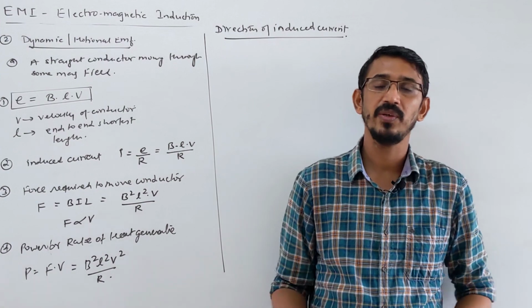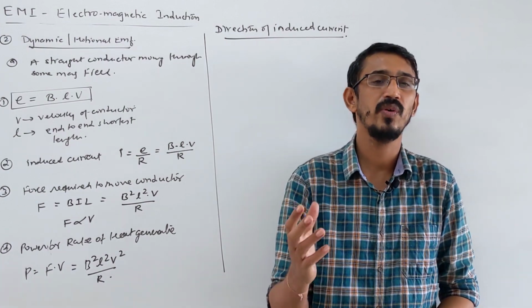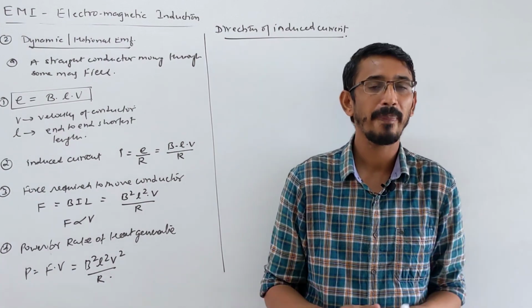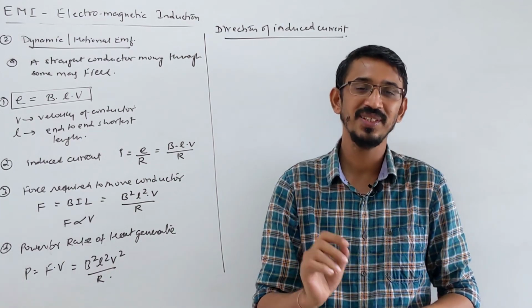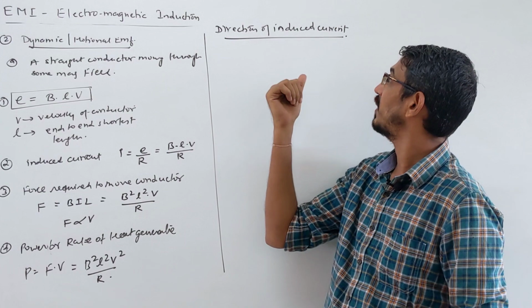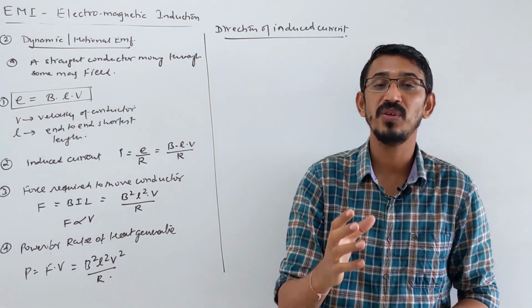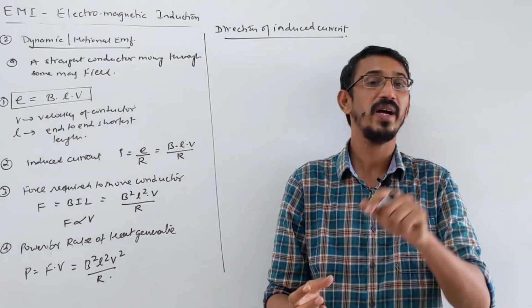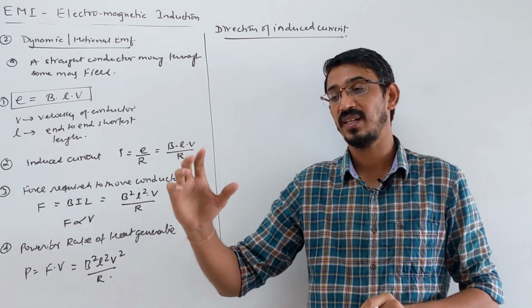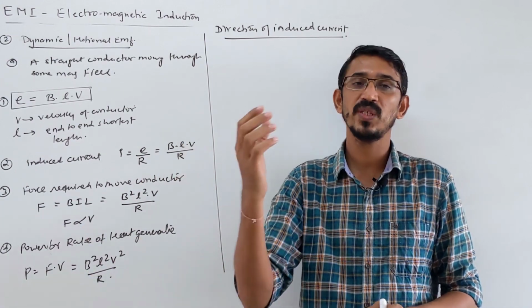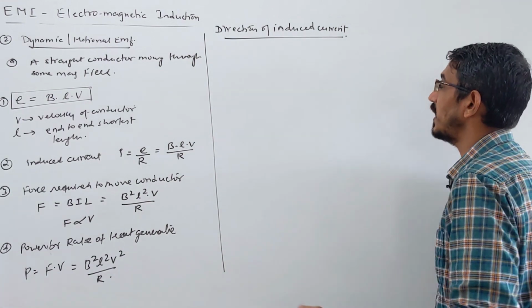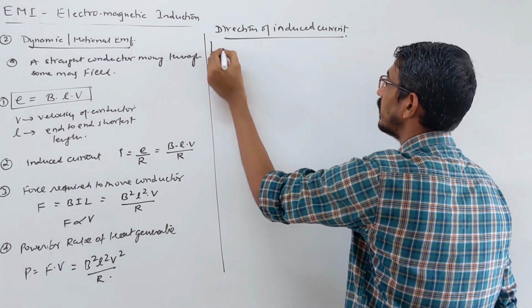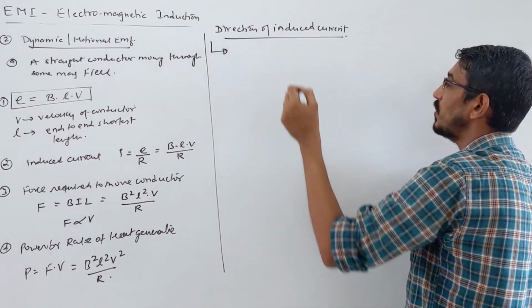I initially said it wrong, so I'm writing it in words here so that it doesn't confuse. Induced current flows from low potential to high potential. But our conventional current, normal current, always flows from high potential to low potential. What is the direction of induced current?